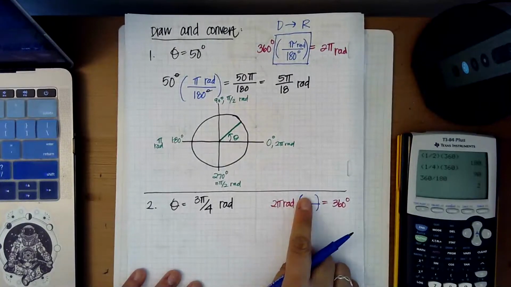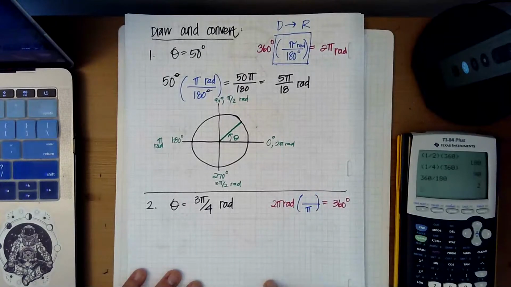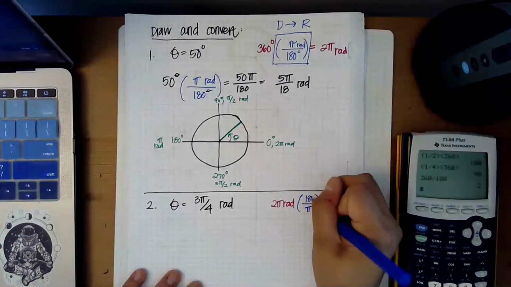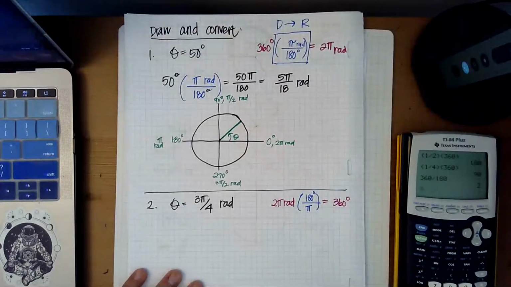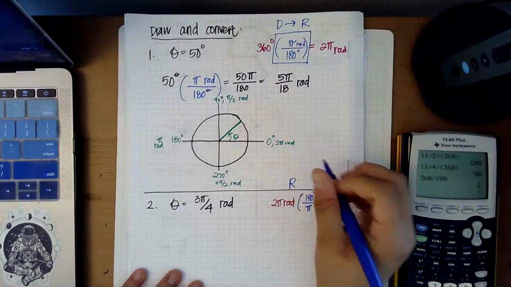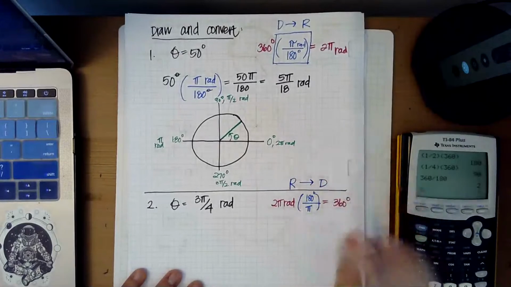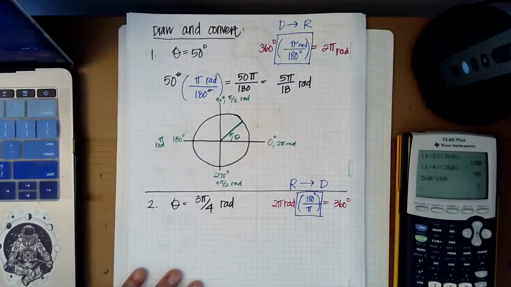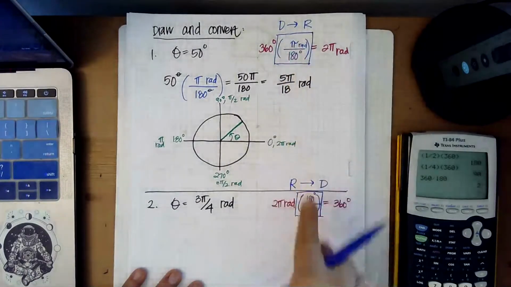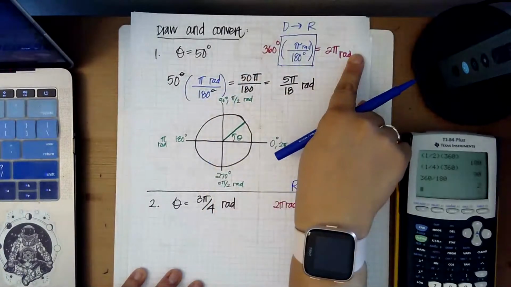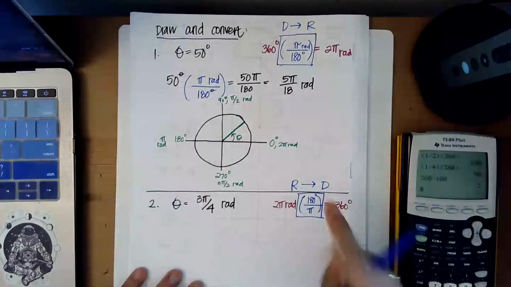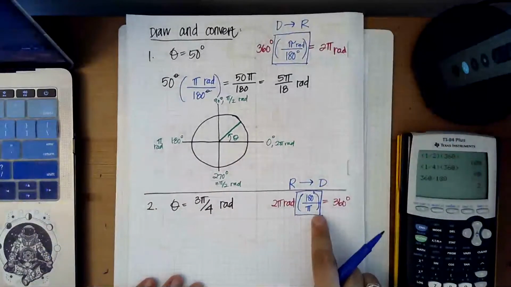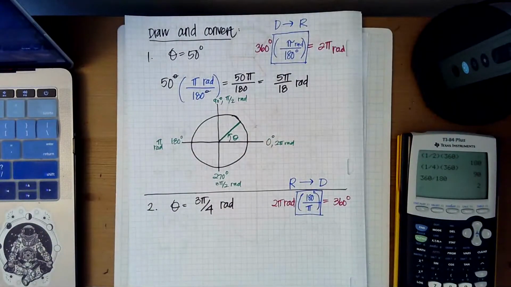So 2 times something has to give me 360. And if you said that's 180 degrees, you're correct. So now to go from radians to degrees, here is my conversion factor right there. Notice that because I'm going this way, it's this way, and then if I return it back, it flips. There's a connection there. Okay.